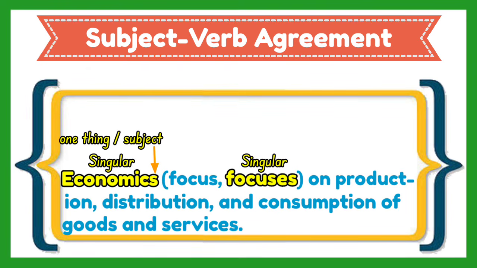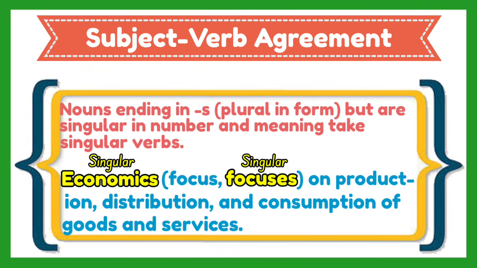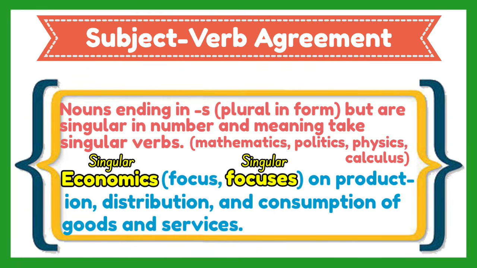That is why it is singular. Specifically, the rule is nouns that end in S or are plural in form but are singular in number and meaning take singular verbs. Some other examples of these nouns include mathematics, politics, physics, and calculus.